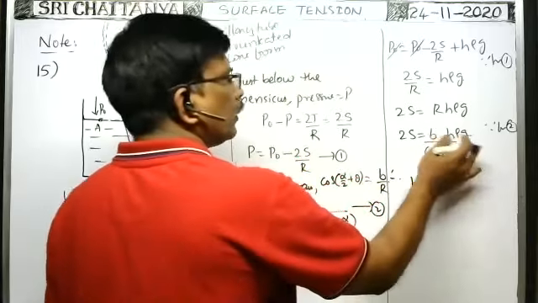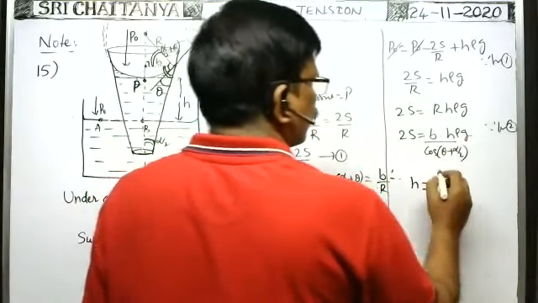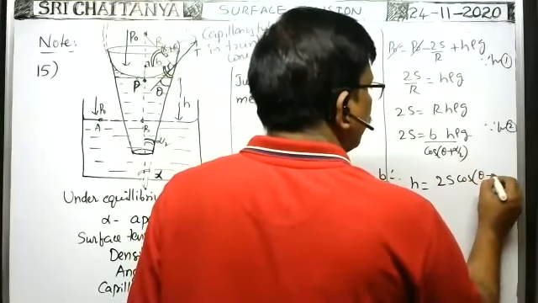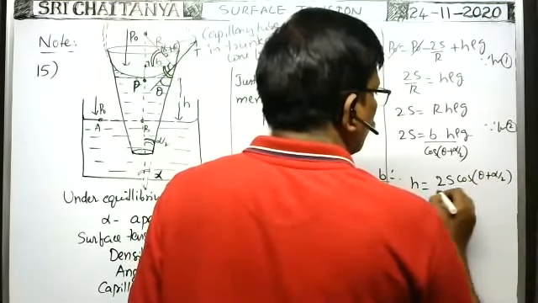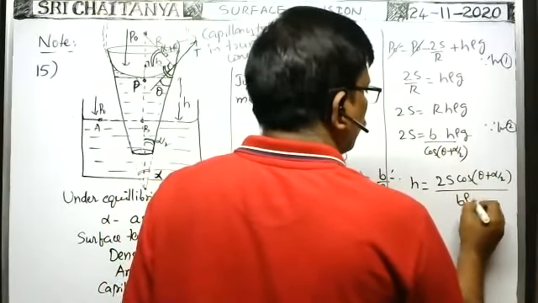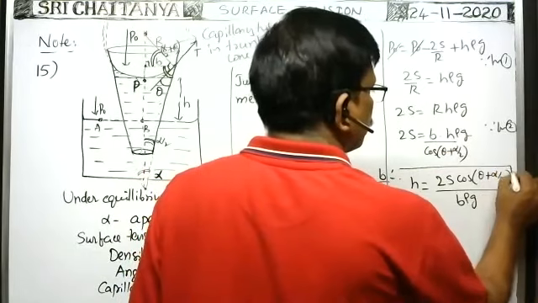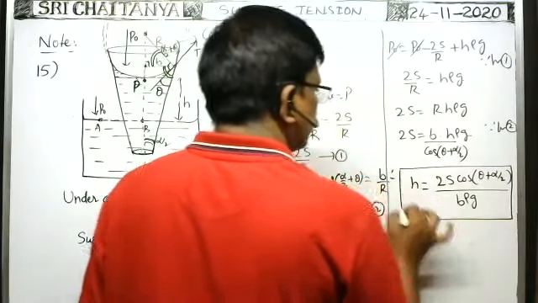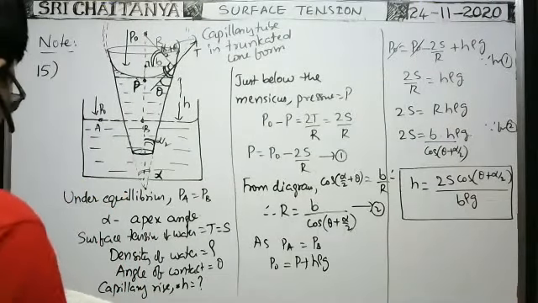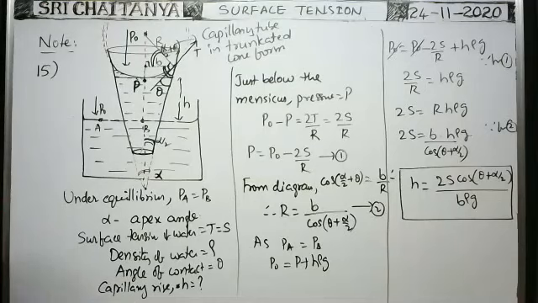Writing the remaining on the left side, capillary rise h is equal to 2S cos of theta plus alpha by 2, whole by B rho Z. That is the answer. Note down.